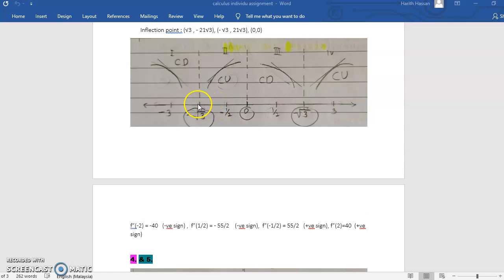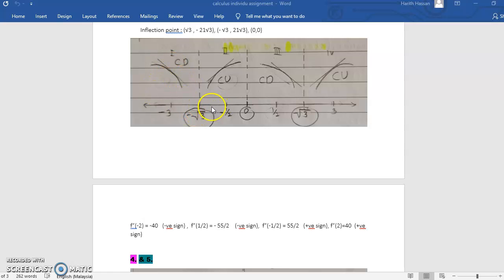So I use x values. I choose -2, and I get the negative sign. When the sign is negative, in the first interval, it will be concave down.